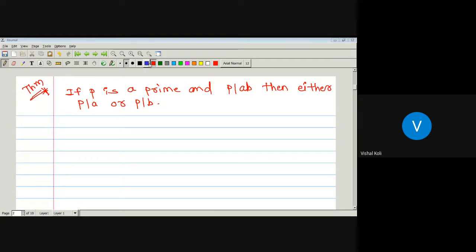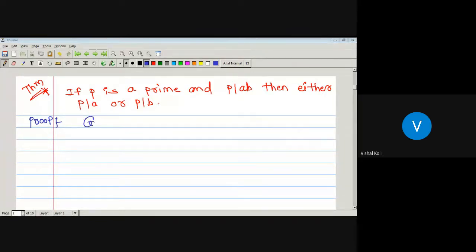Okay, so let us see the proof now. Here p is an integer and p divides the product of two integers a and b, and then we have to prove that either p must divide a or it divides b. Then only it is possible that p divides the product of two integers a and b.